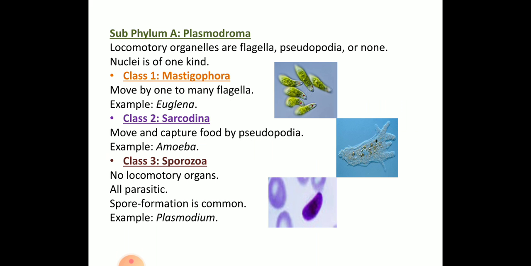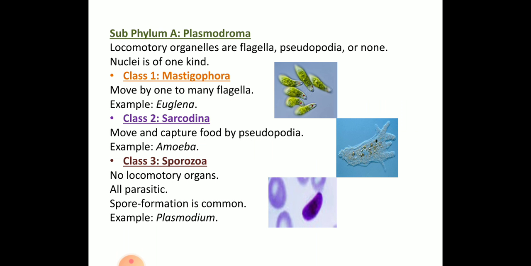You might have studied that in euglena there are two different types of nuclei, but here only a single type of nucleus is present. Under this subphylum, we have the class Mastigophora. Mastigophora move by one or many flagella. Flagella are one type of locomotory organ, for example in euglena.